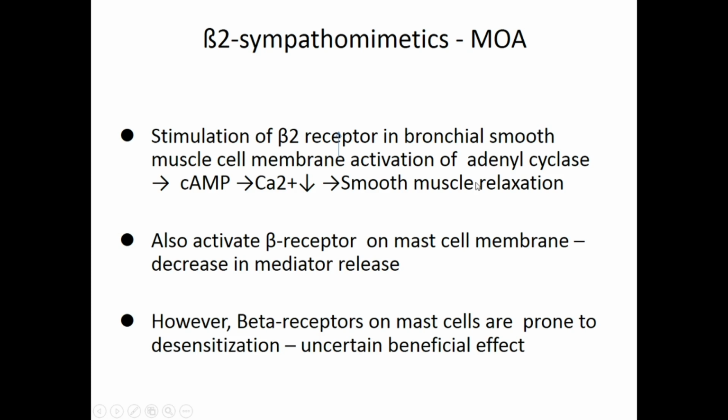That's why we say the big word bronchodilation. Apart from adenylate cyclase activation, it also helps in inhibition of mediator release, so there will be no release of histamine, prostaglandins, and leukotrienes. So that is the mechanism of action. Please go through it once again after the class.